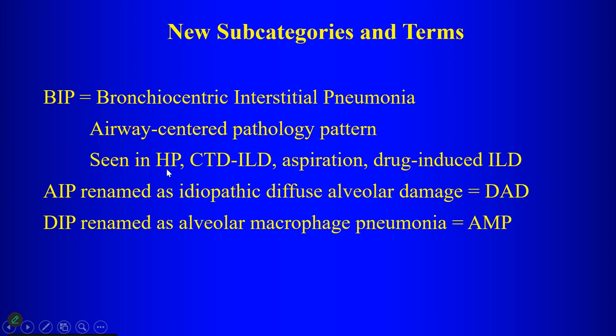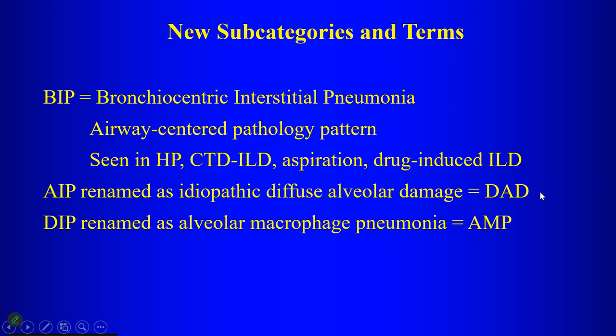Essentially, this is hypersensitivity pneumonitis, or an appearance that looks like HP, but in most cases, it will be from exposure to extrinsic antigen, although this pattern might also be seen with connective tissue disease, aspiration, and drugs. And they've given it this name, BIP, bronchiocentric interstitial pneumonia, meaning that the predominant fibrotic pattern is centered around the airways. The inflammation is around the centrilobular airways, which is what you see with hypersensitivity pneumonitis.